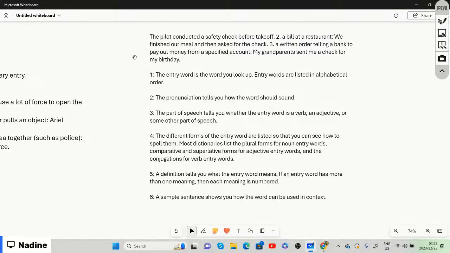the part of speech then tells you whether the entry word is either a verb, an adjective, a noun, an adverb, or any other part of speech. And the different forms of the entry word are listed so that you can see how to spell them.